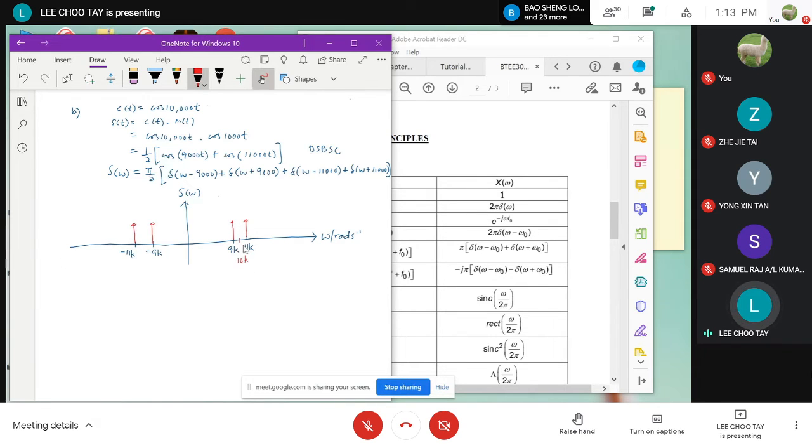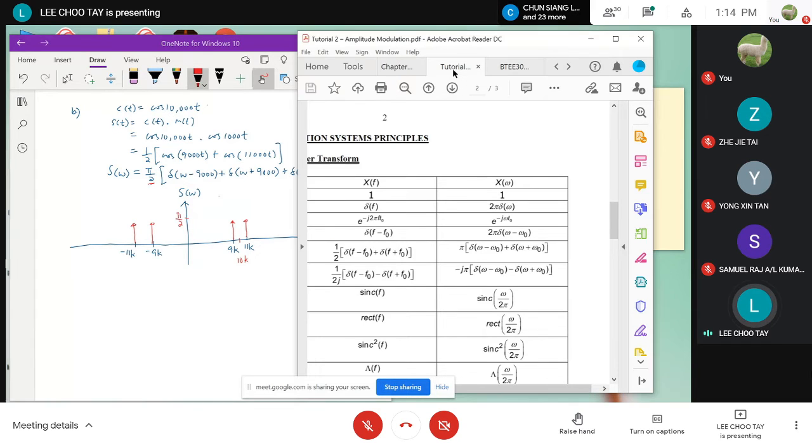So there is no carrier component; from our equation, there is no impulse at 10K. Therefore the carrier has been suppressed, as far as this signal is concerned. And the amplitude is pi over 2. So that is for the B.